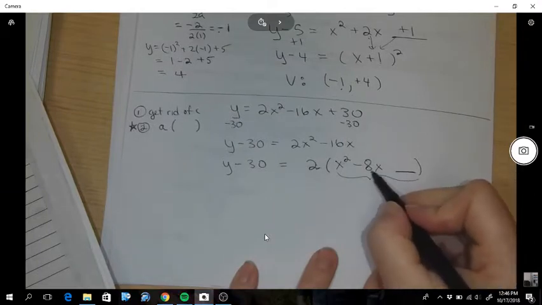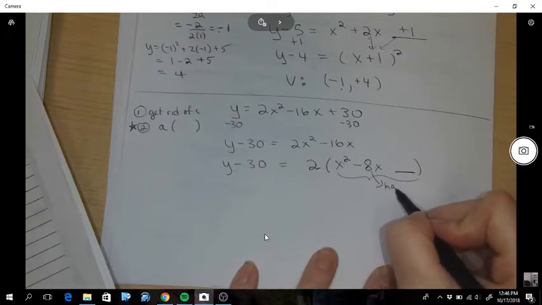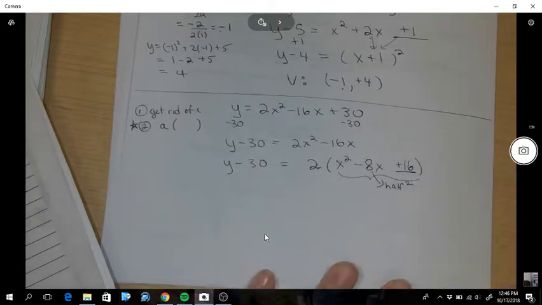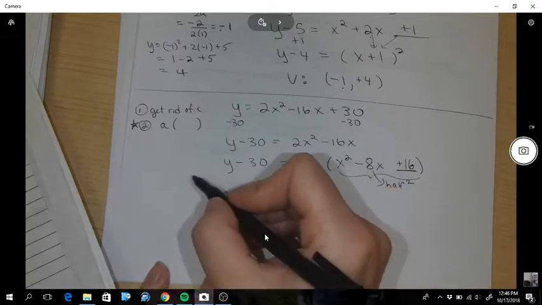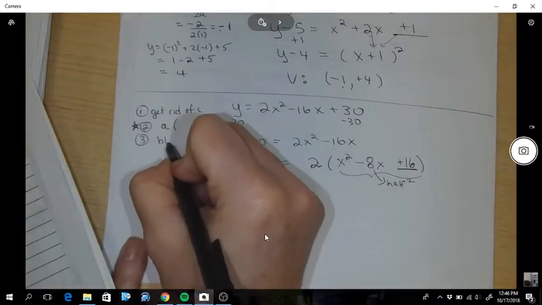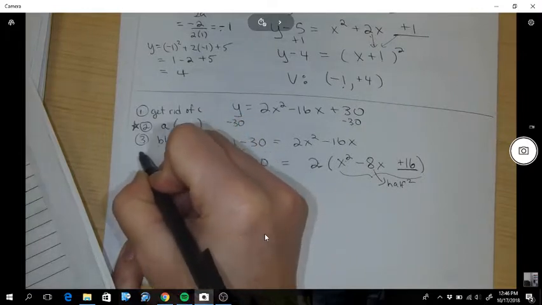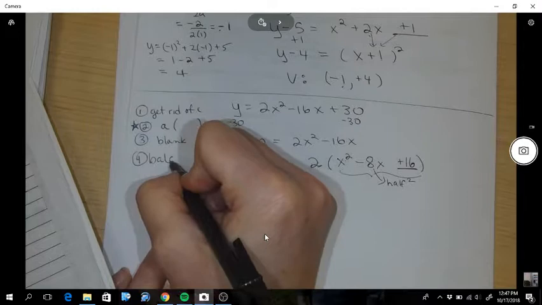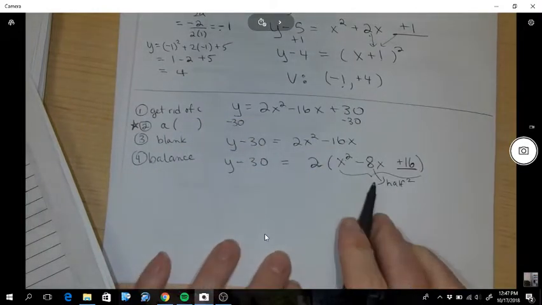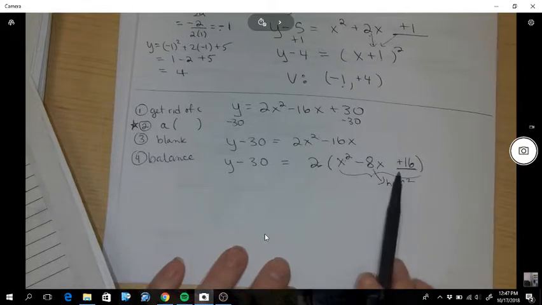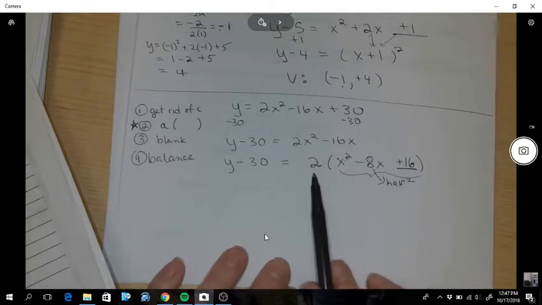Okay, so half of this squared is plus 16. Sorry, step 3 was to get your blank. Step 4 is to balance. So now I have to be careful, I have to remember this trinomial is multiplied by 2.